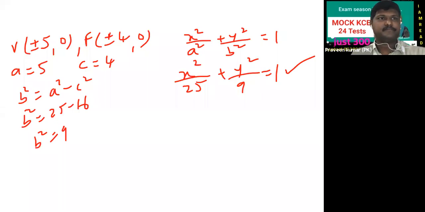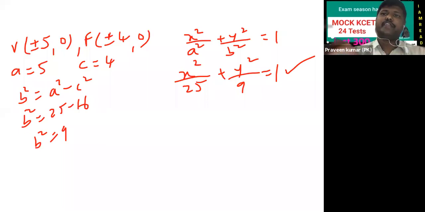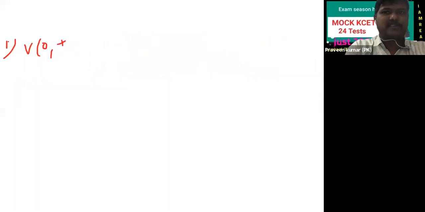Complete everyone? Everyone understood? Can I give 2-3 questions on the same model? Are you ready? Yes or no? Yes. First question: vertices 0 comma plus or minus 13, foci 0 comma plus or minus 5.